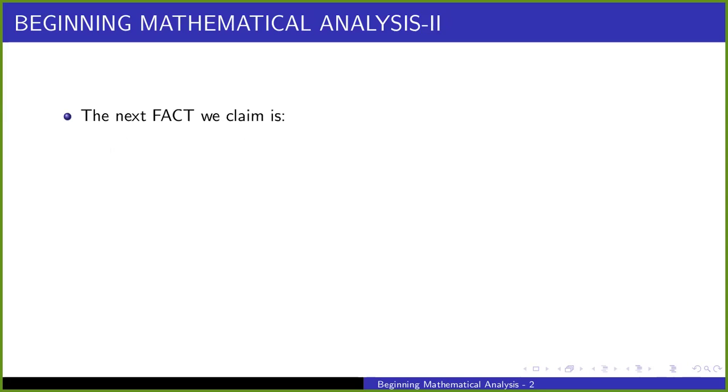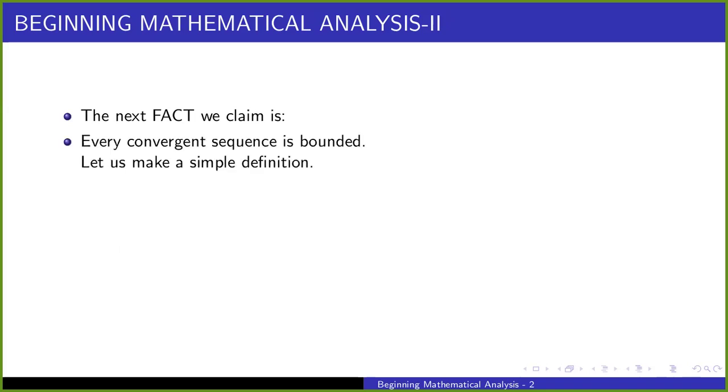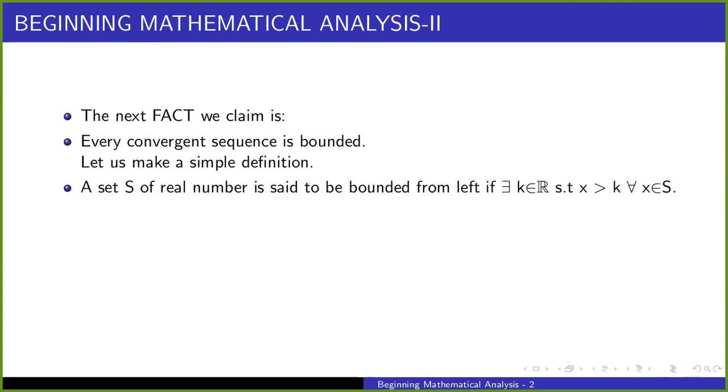The next fact that we claim is the following proposition: every convergent sequence is bounded. Let us make a simple definition for this. A set of real numbers is said to be bounded from left if there exists small k in R such that all elements x in the set are greater than k.